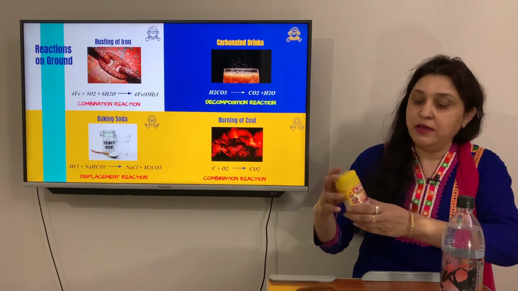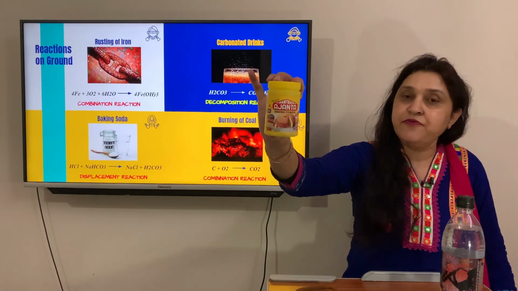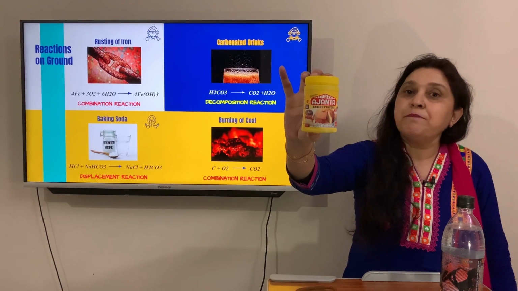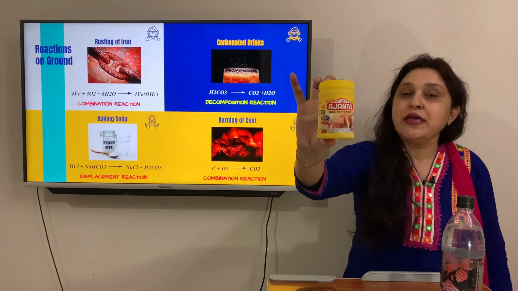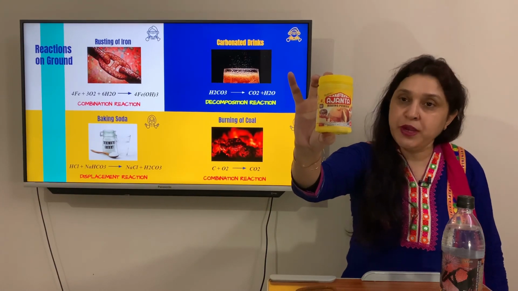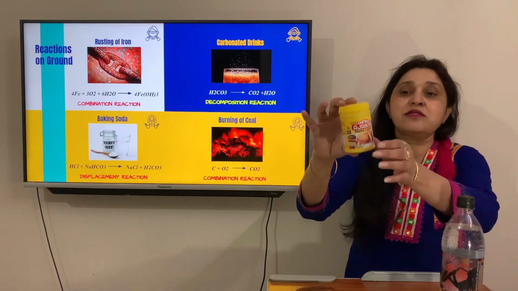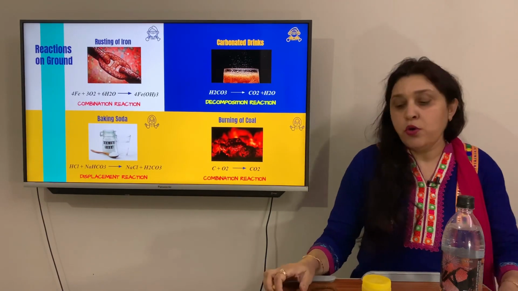Now let's see, there is one more thing which we use in our daily life. This is baking powder, and the formula of baking powder is NaHCO3, sodium hydrogen carbonate. It has many uses in our daily life, but I am telling you one more use.